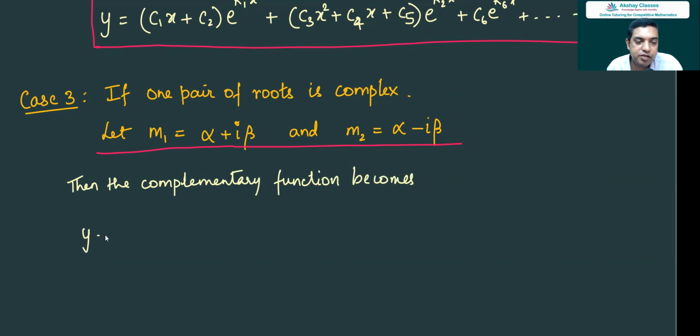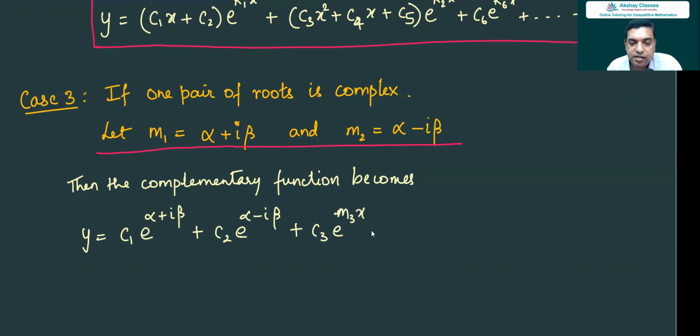Then the complementary function becomes C1 e power (alpha plus i beta)x plus C2 e power (alpha minus i beta)x plus C3 e power m3x, plus C4 e power m4x.